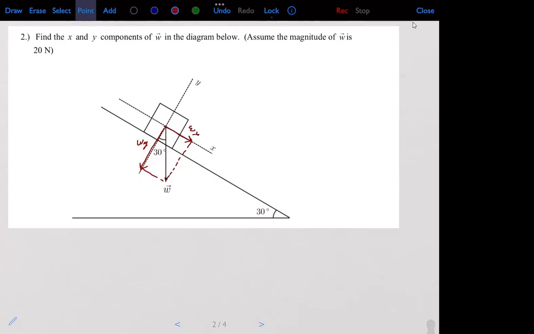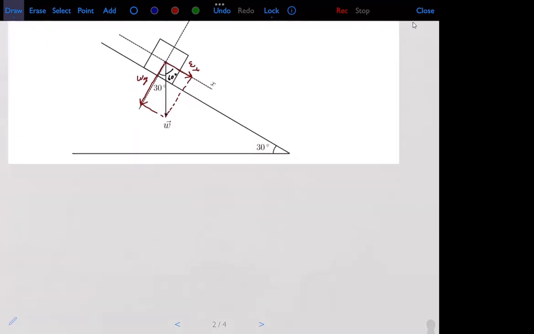Usually what we do is we use a reference angle, which we could figure out here. If you do 90 minus 30, this reference angle has to be 60 degrees. And then if we extract that triangle, so here I'll draw it out. So I have, here's W, this is 60 degrees, and then this is the right angle right here.